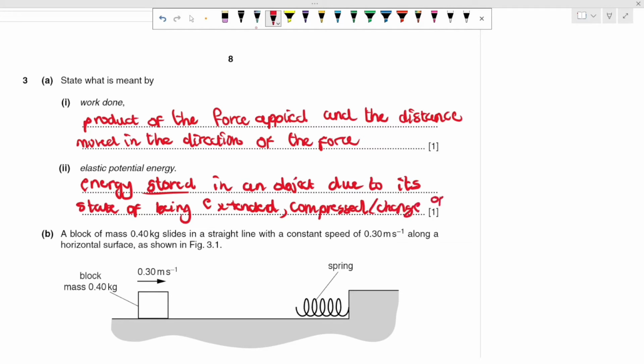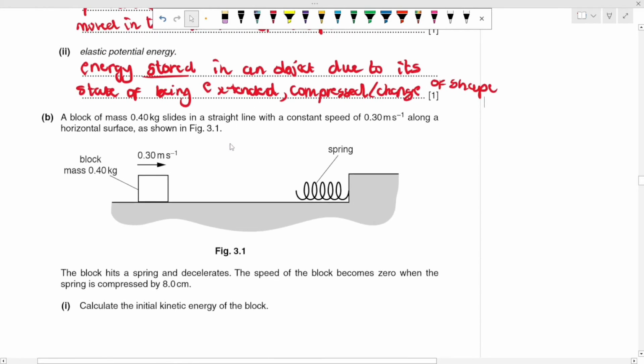So basically that's elastic potential energy: how much energy is stored in an object due to its state of being extended, compressed, or just having its shape changed.